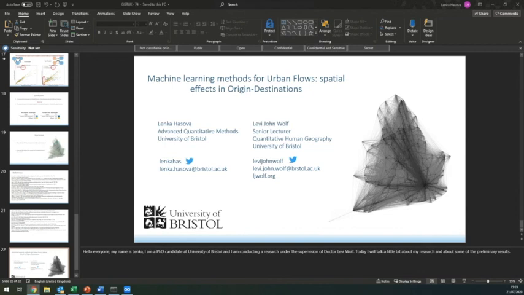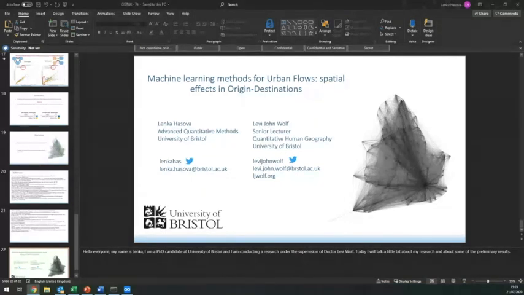Well, PageRank is basically a link or centrality algorithm that calculates the importance of a node within the network. The advantage of it is that it accounts for accessibility and connectivity of the nodes.